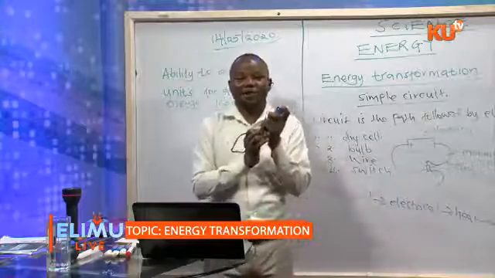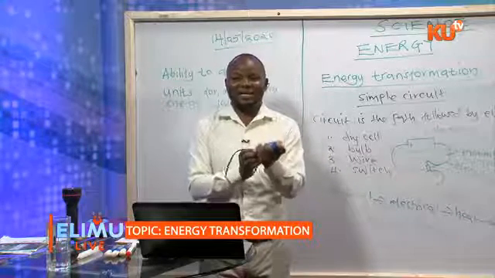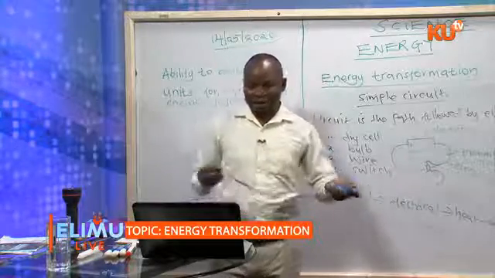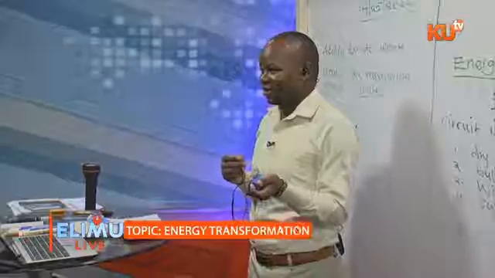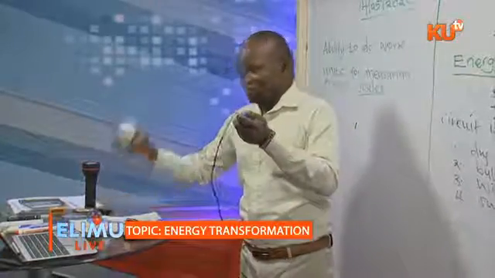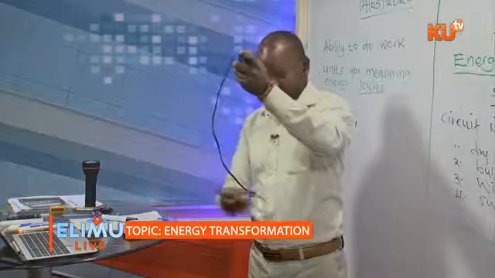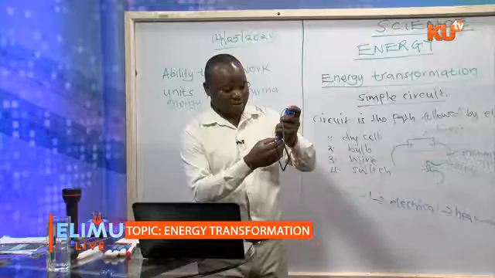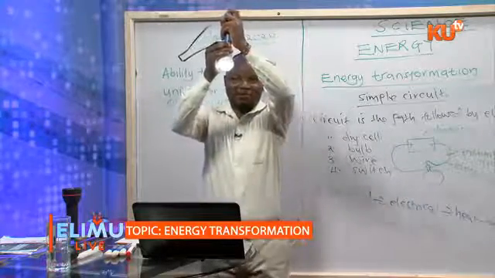But now how will you know that there is flow of energy? Because there is no ammeter, no indicator to show that the light or the heat is moving through the wire. It's very bad to test using your mouth, very hazardous. What you are going to do is use the ammeter, use the bulb, put it here, then you can be able to see.